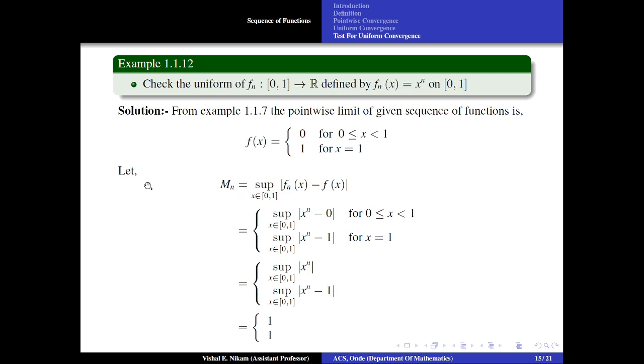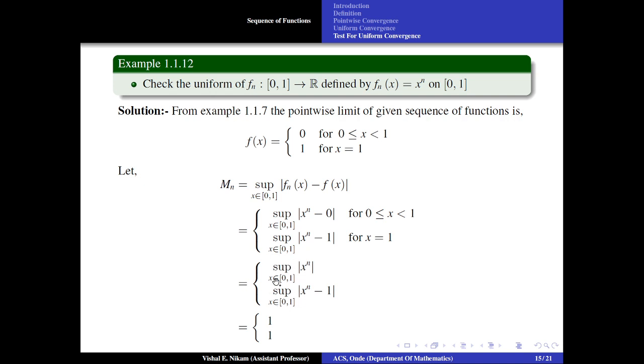For this, let us evaluate the sequence Mn. Mn is equal to what? The supremum of mod fn of x minus f of x, but f of x has two values, 0 and 1. So the supremum of x to the power n minus 0 if x lies in this interval, because f of x is equal to 0 there, and f of x is equal to 1 if x is equal to 1. Now here, the supremum of x to the power n and the supremum of the other expression both have the value 1.